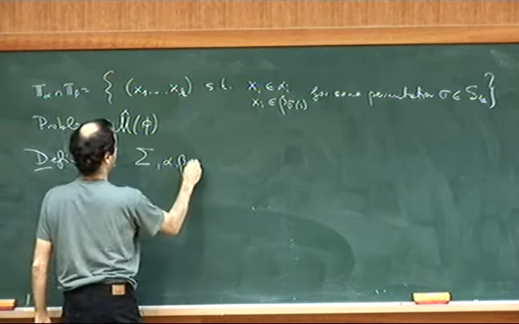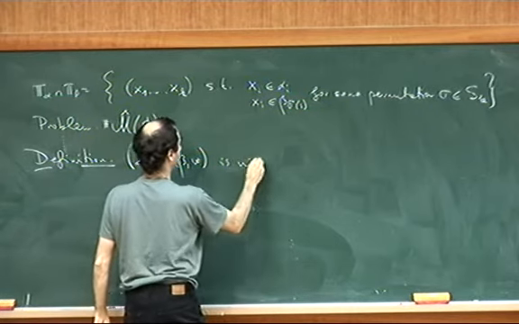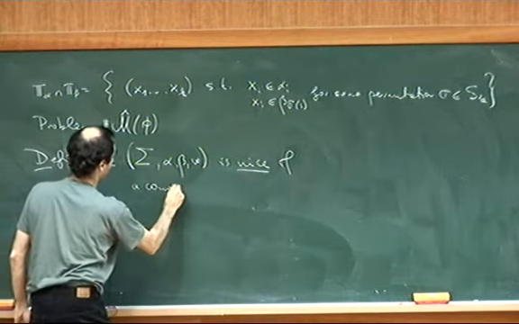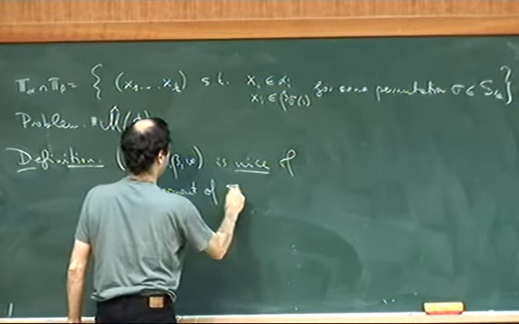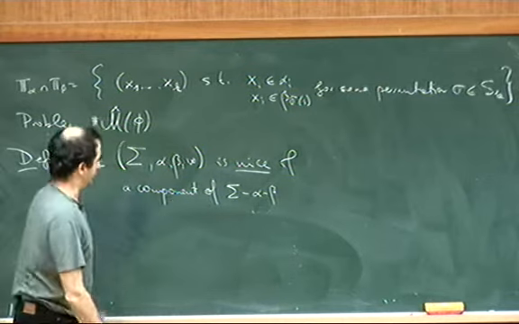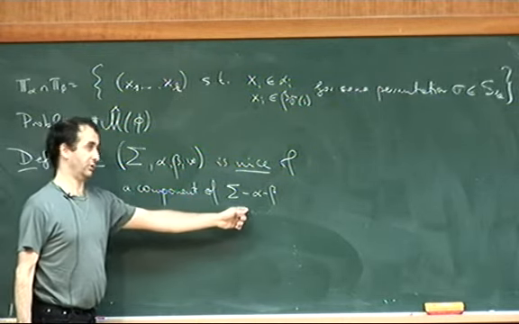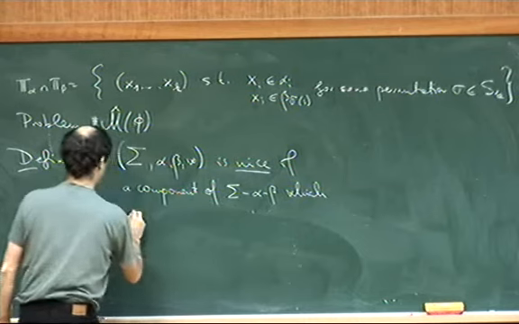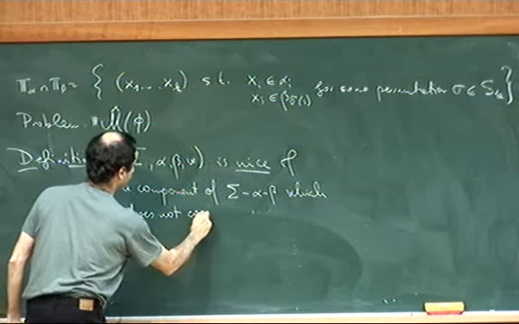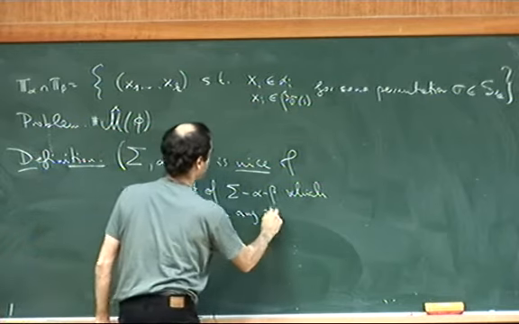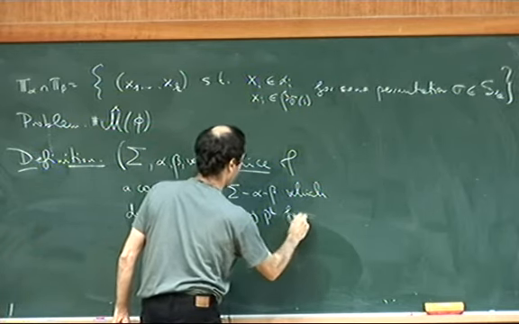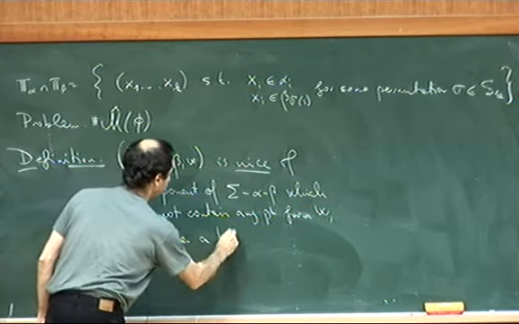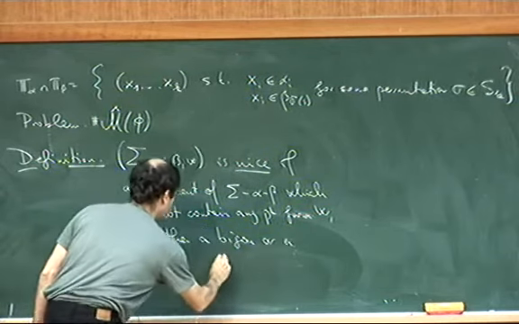Sigma, alpha, beta, W is nice if a component of sigma minus alpha minus beta, so these are what are called the elementary domains, a component of the complement which does not contain any point from W is either a bigon or a rectangle.